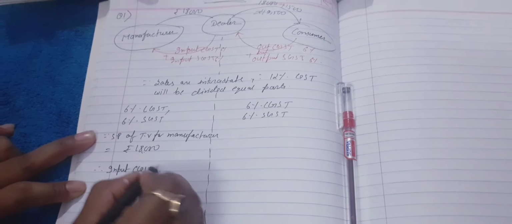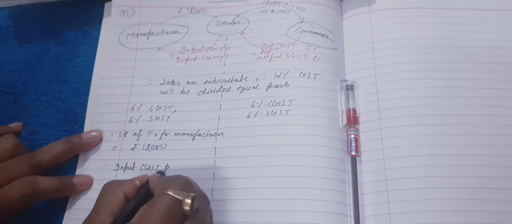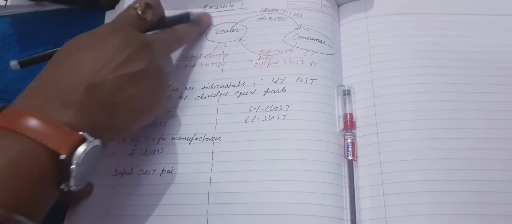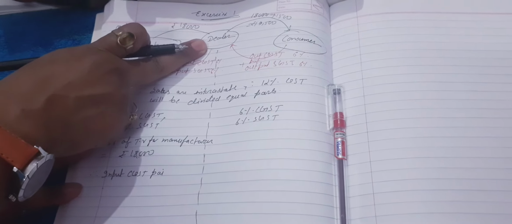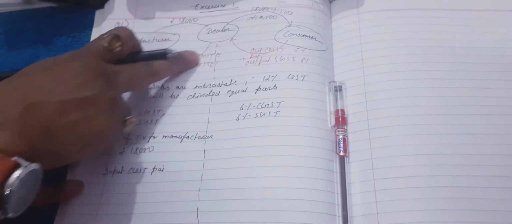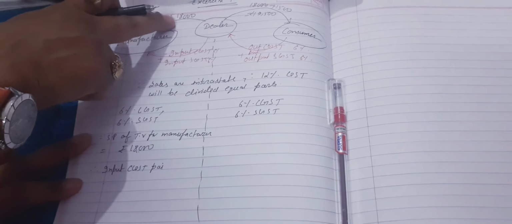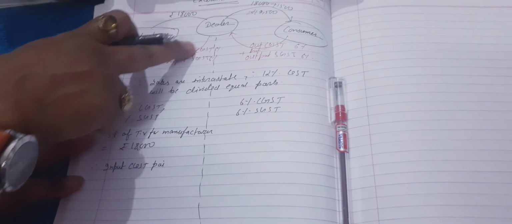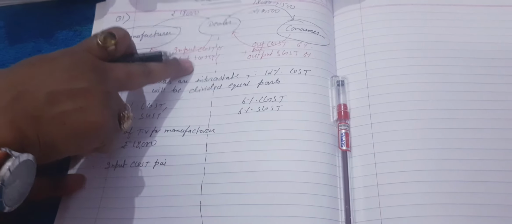Input CGST paid by the dealer, because the manufacturer sold it for rupees 18,000, so the dealer will pay this amount for the TV and he will pay tax also. So we have started solving it: including 18,000, how much will he pay as CGST and as SGST.